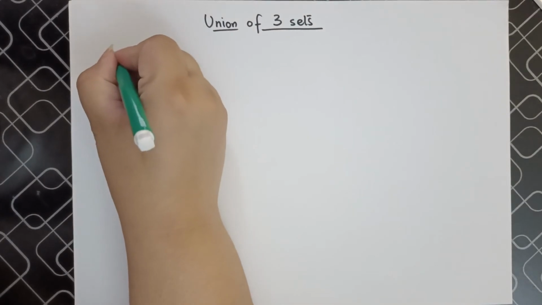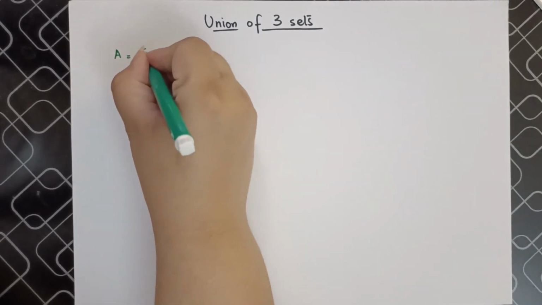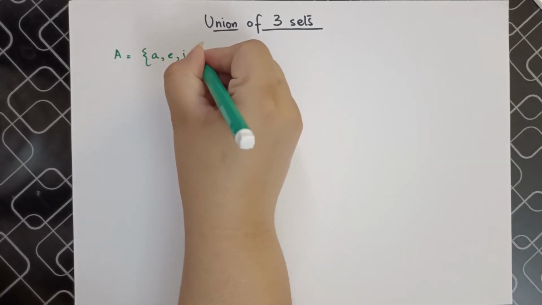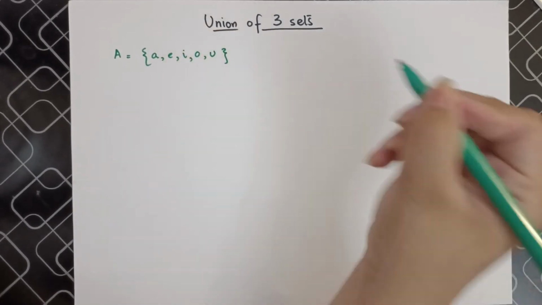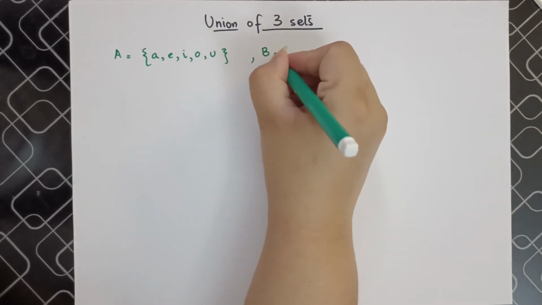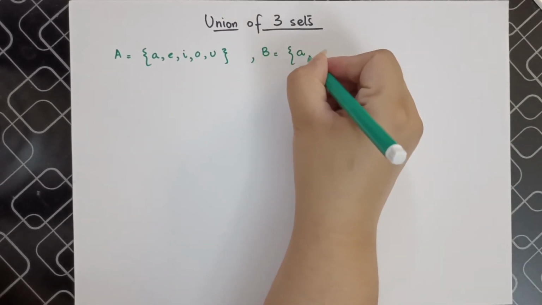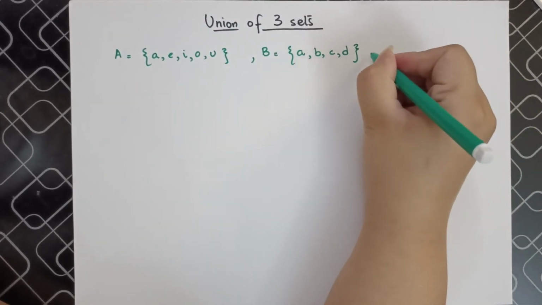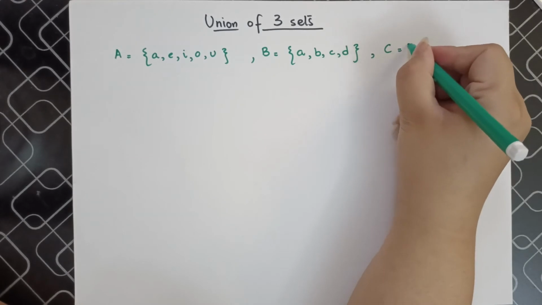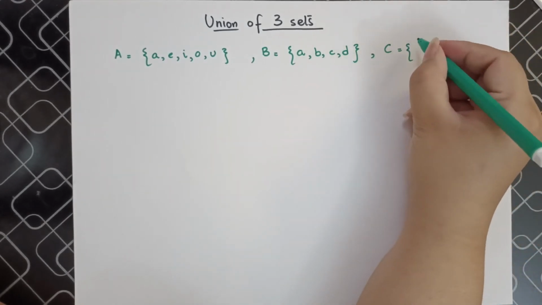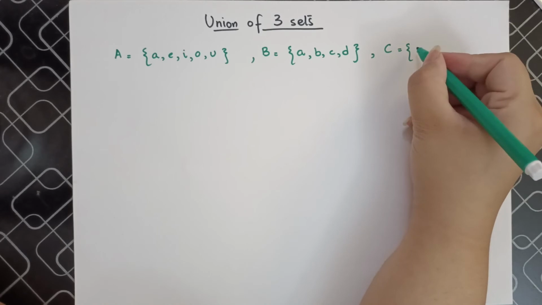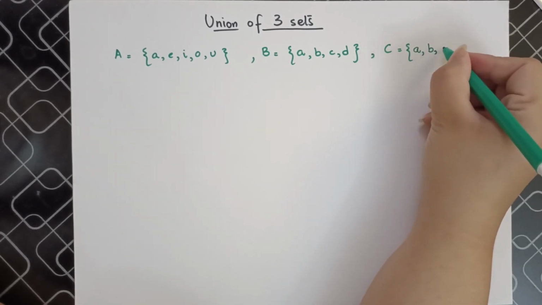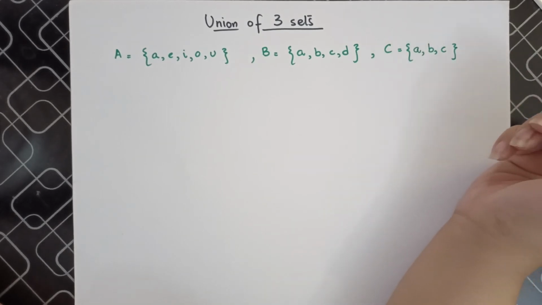Let's suppose we have three sets. A is a, e, i, o, u. Set B is a, b, c, d. And set C is a, b, c, right?